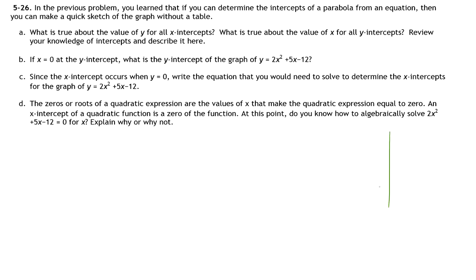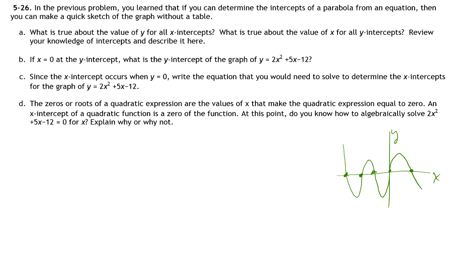So if I'm thinking about this, here's my y-axis and here's my x-axis. It says, what is true for the value of y for all x-intercepts? Well, let's look at some x-intercepts, right? This is clearly not a parabola, but all of these points right here are where this funky function that I've drawn is crossing the x-axis.